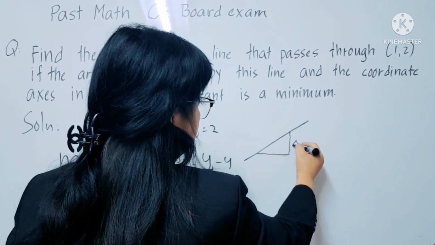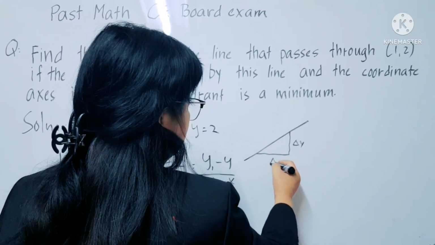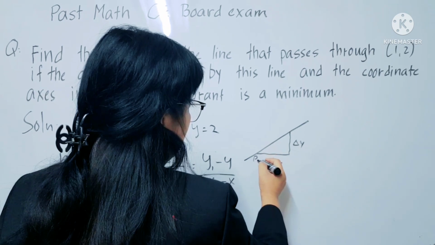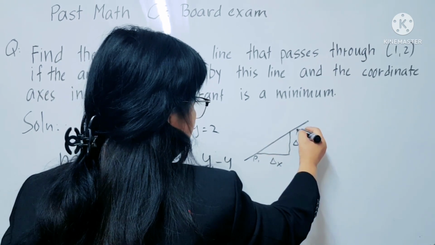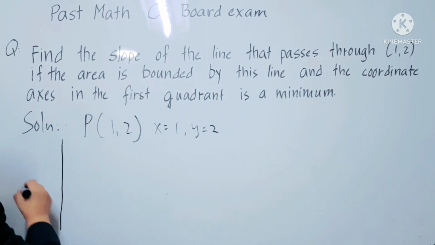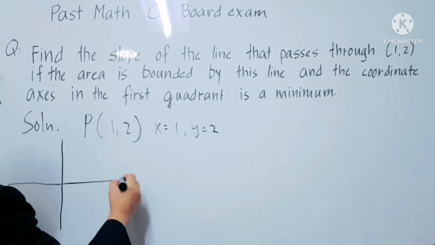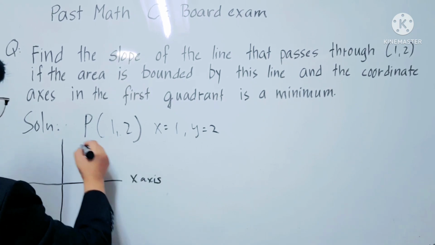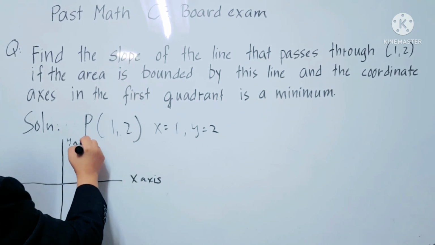So this is the change in y and the change in x, and this is point 1 and this is point 2. If this is the graph of the x and y axes, this is the x axis and this is the y axis.